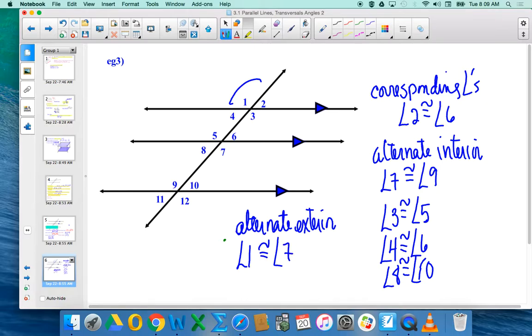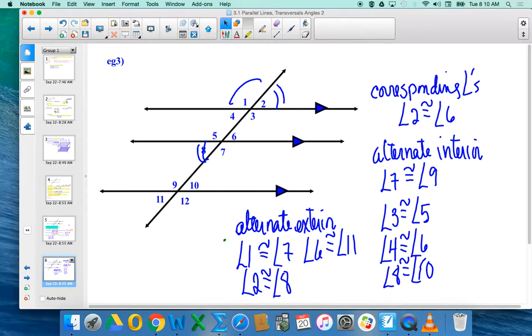It could be 12. But we'll go with 7. 2 is alternate interior with angle 8. 2 and 8. We could say 6 and 11. Those are just to name a few.